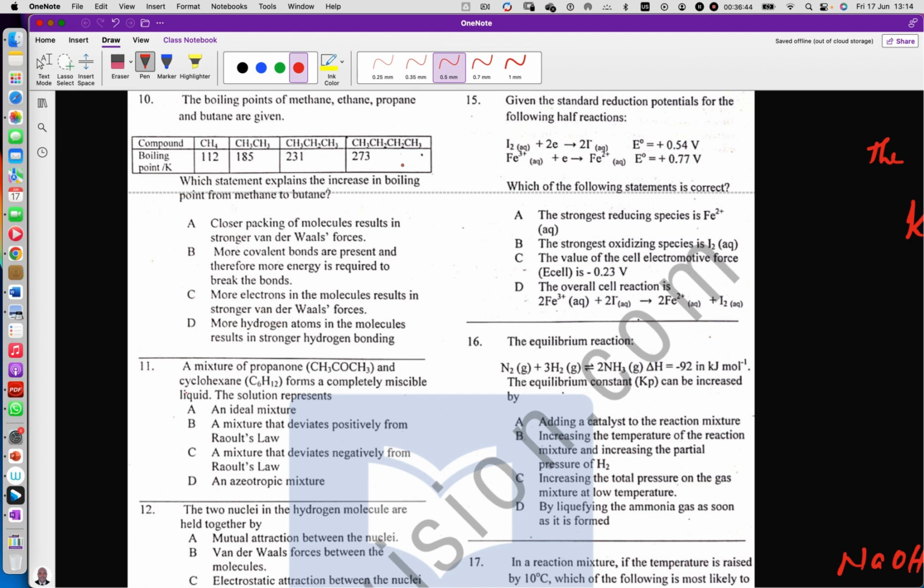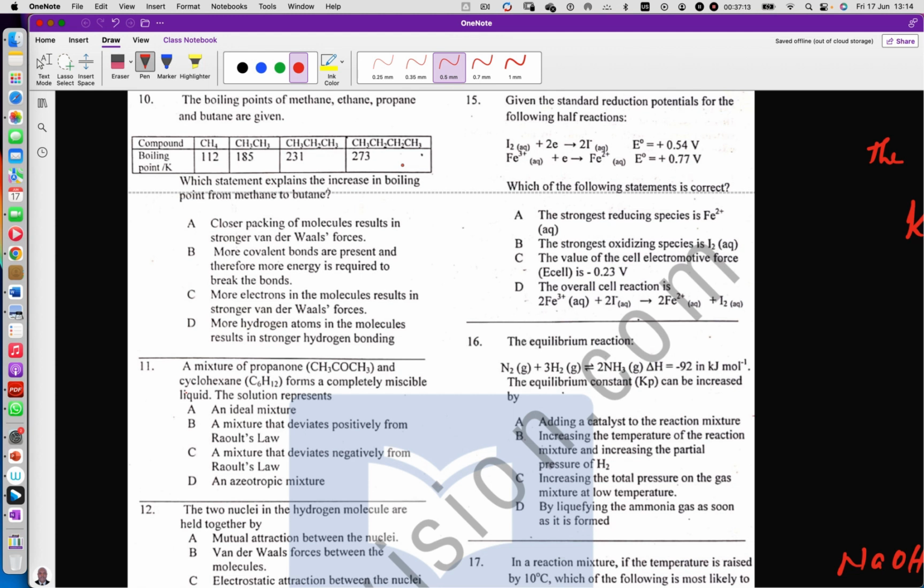The more the number of electrons, the more the instantaneous induced dipole forces. And the more the instantaneous dipole induced dipole forces, the stronger the van der Waals forces. And the stronger the van der Waals forces, the more energy is needed to overcome the force.